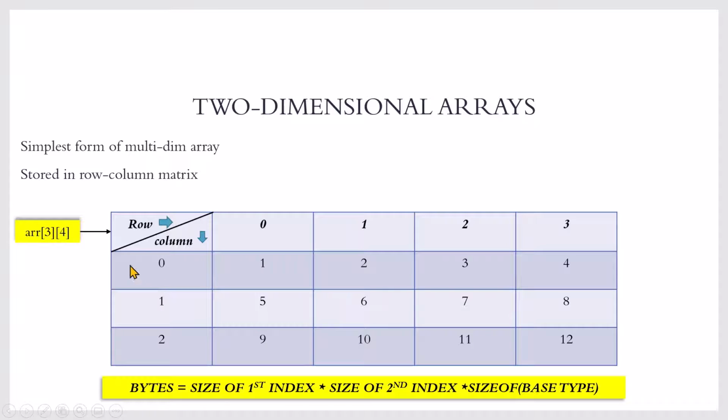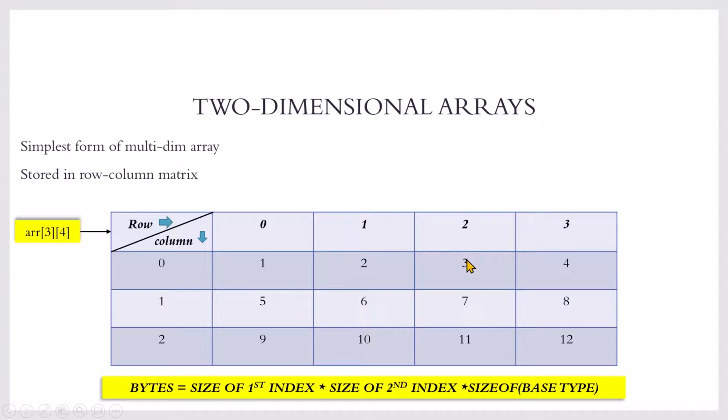What's important to remember is that the first index relates to the rows and the second index relates to the columns. So if I have to access this value, for example, I would take row 0 and then column 0. Similarly, if I have to access this value, it would be row 0, column 1.